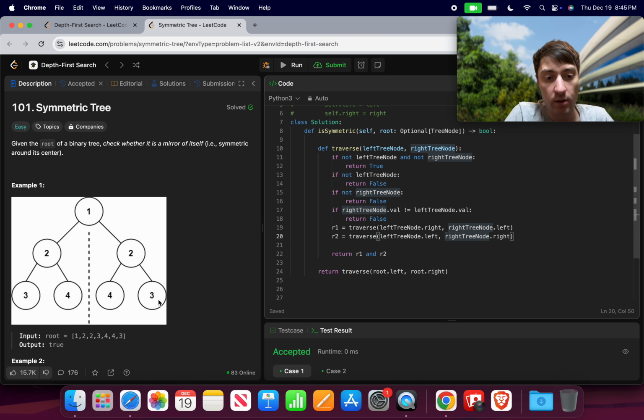And I'm seeing if these nodes are the same, and then likewise, because this is recursive, I'm going to be looking at all of the pathways down. And then I'm going to return.